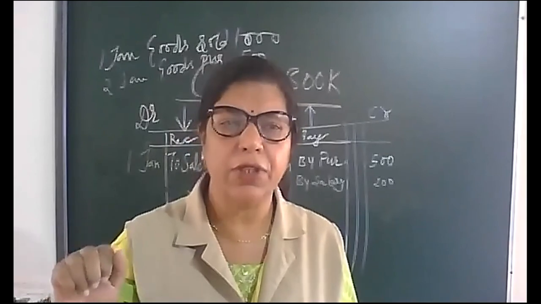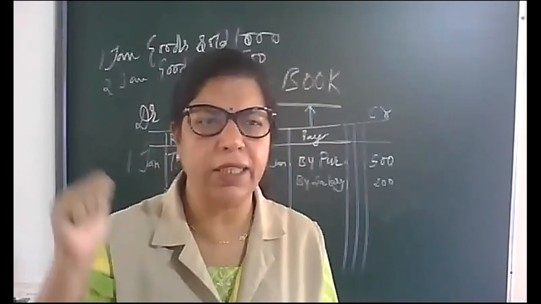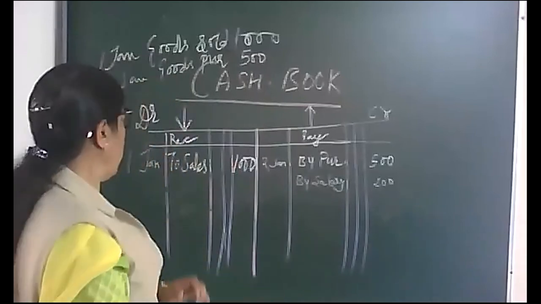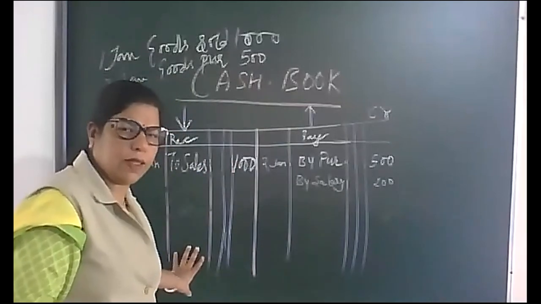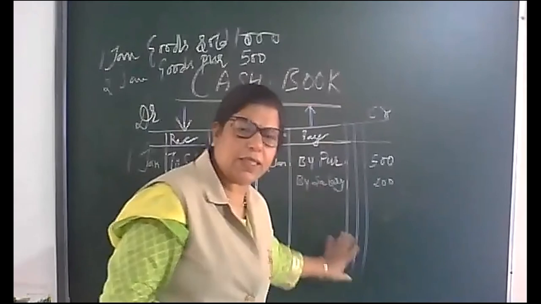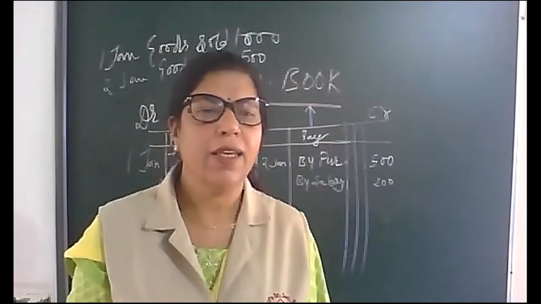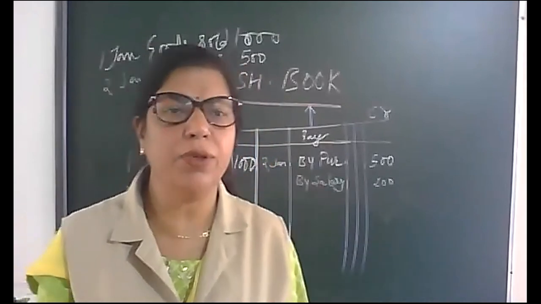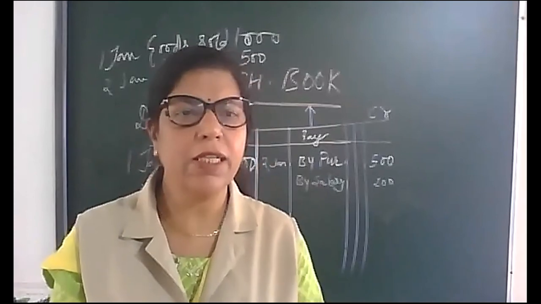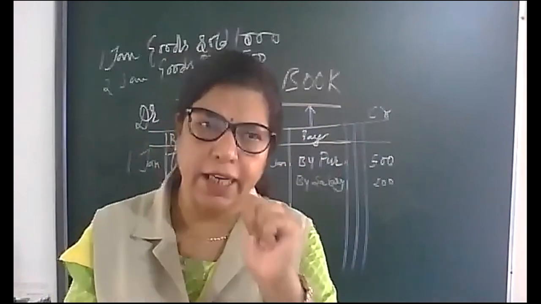And all the information is at one place, like all receipts on this side, all payments on this side. By this way, the businessman can find out the cash balance.